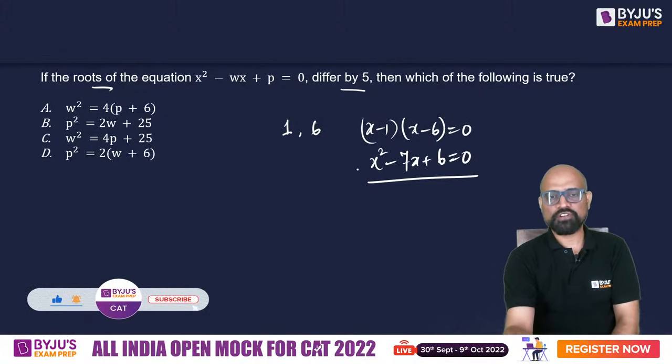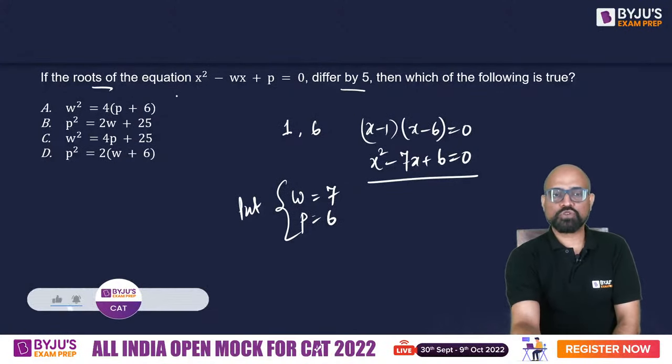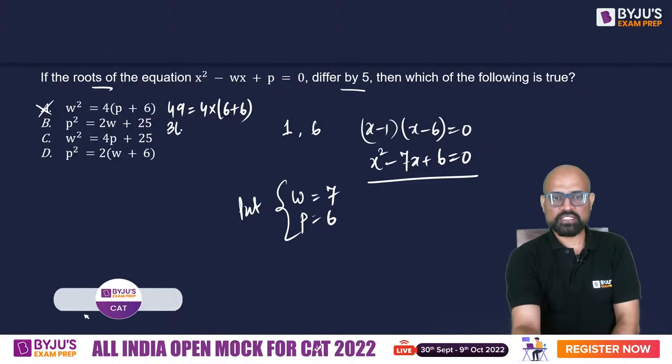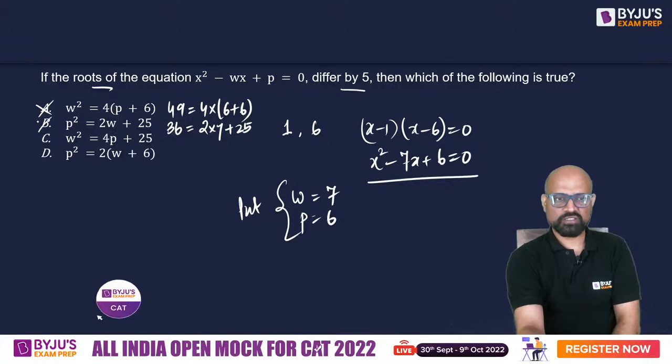Now what I will do is compare. So w turns out to be 7 and p turns out to be 6. I'll put these in the options and see which one will make sense. First option, w square, that is 49, is equal to 4 times 6 plus 6. Nahin. P square, that is 36, is equal to 2 into 7 plus 25. 25 plus 14 is not 36.